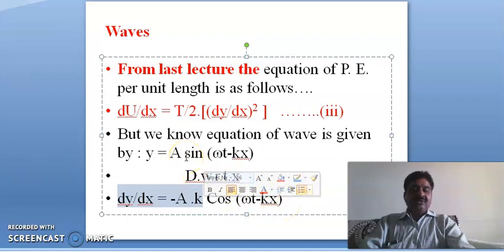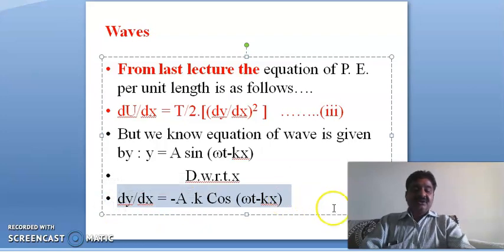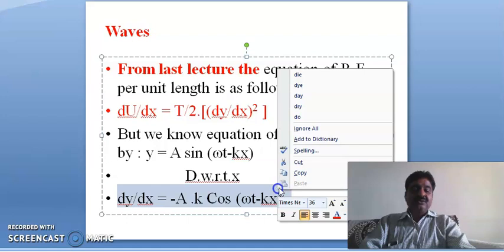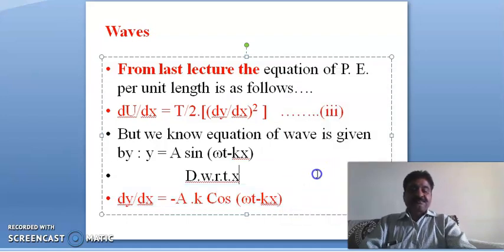But you know differentiation of sin is cos, so minus a k cos(omega t minus kx). This is the differentiation of the above equation with respect to x. This is a derivative of wave equation, and dy by dx you know is in equation 3.